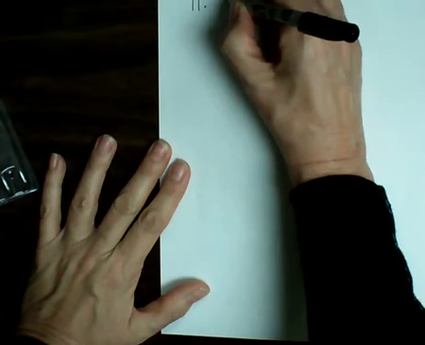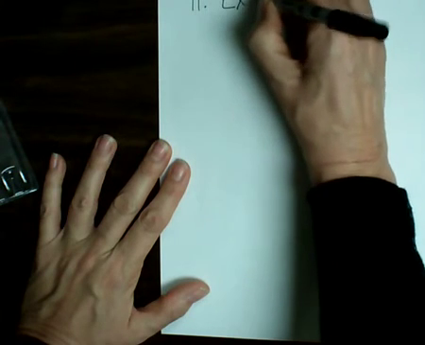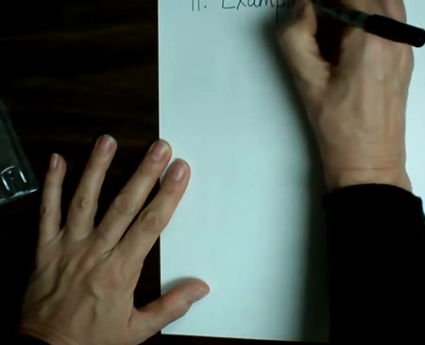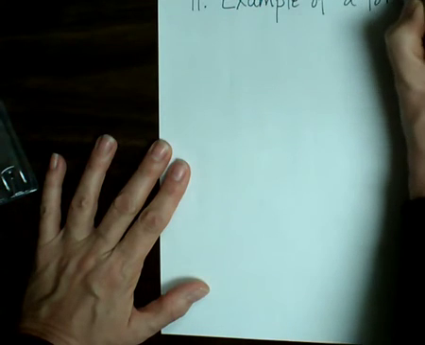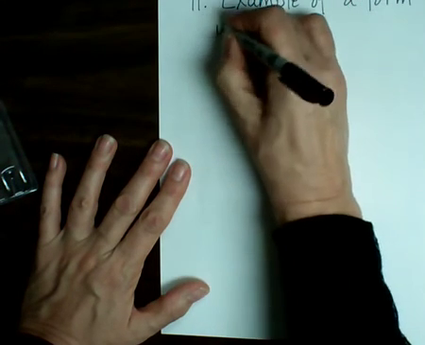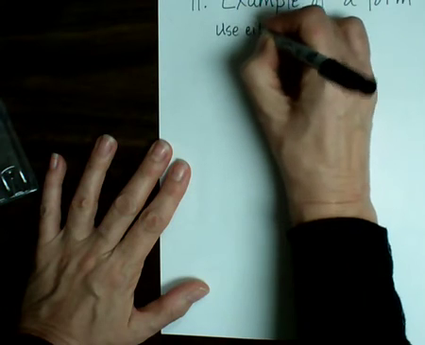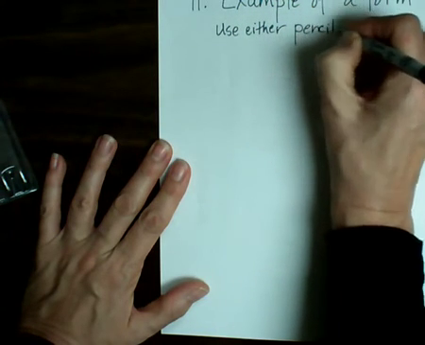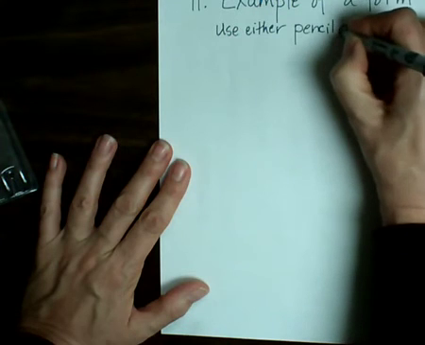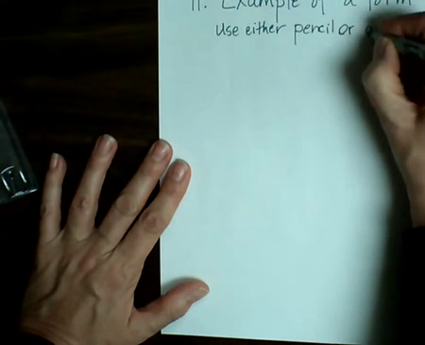Okay, so you're going to do an example of a form. You're going to use either pencil, or you can do a computer. You can do it on the computer or Google SketchUp.